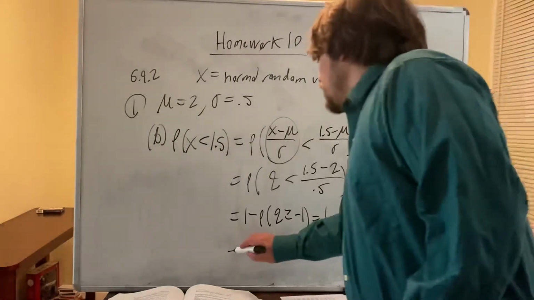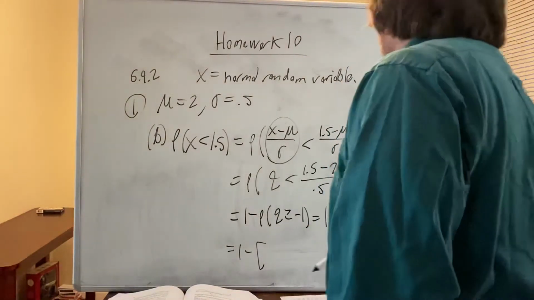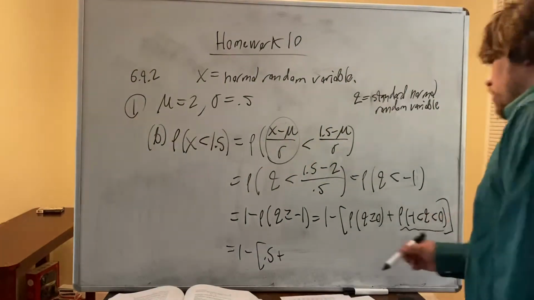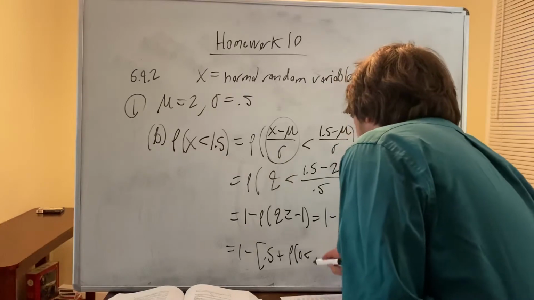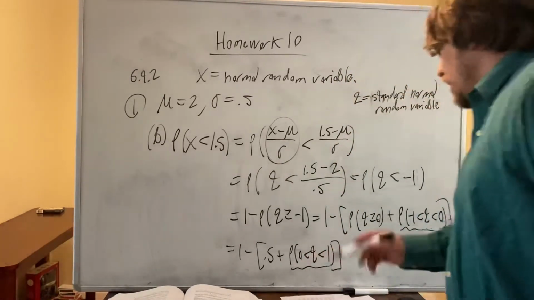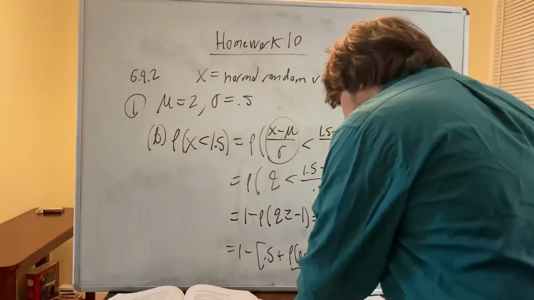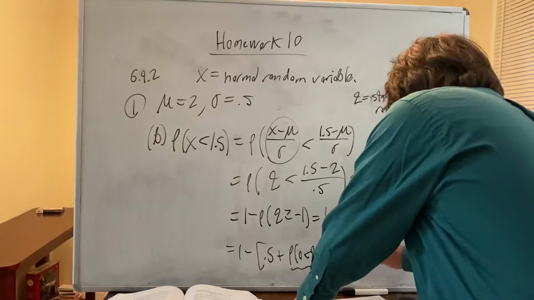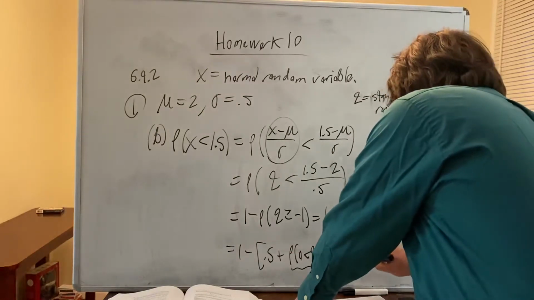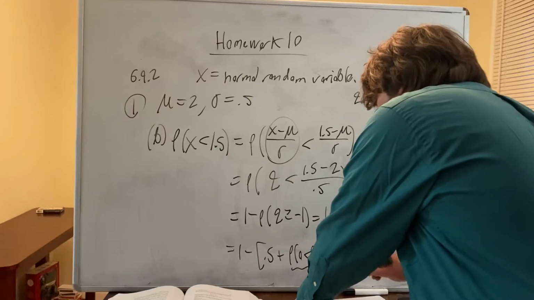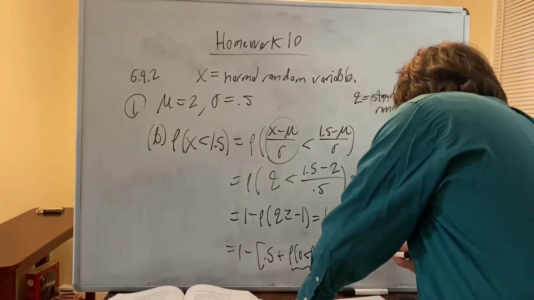So that's equal to 1 minus the probability Z is less than or equal to 0, which is 0.5, plus the probability 0 less than Z less than 1, that's 0.3413. So 1 minus 0.5 is 0.5, minus that probability, 0.3413.